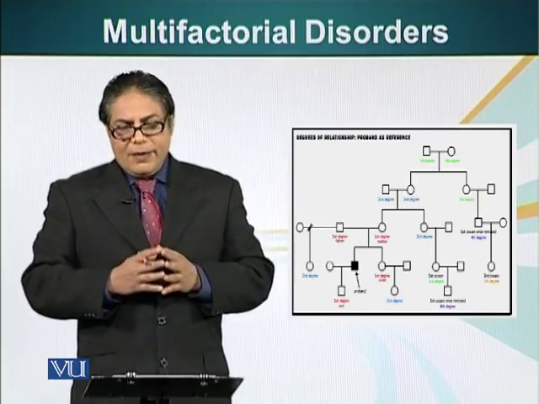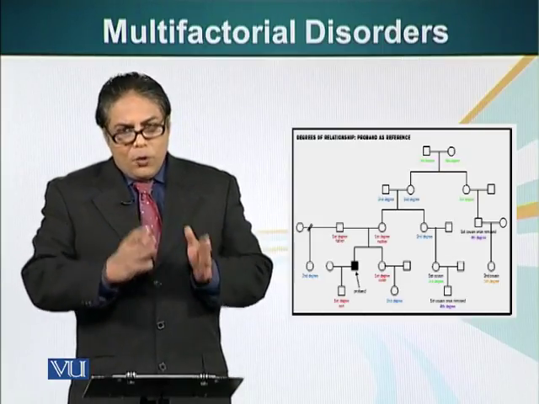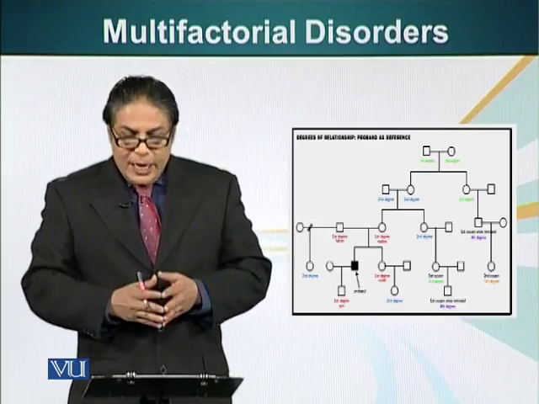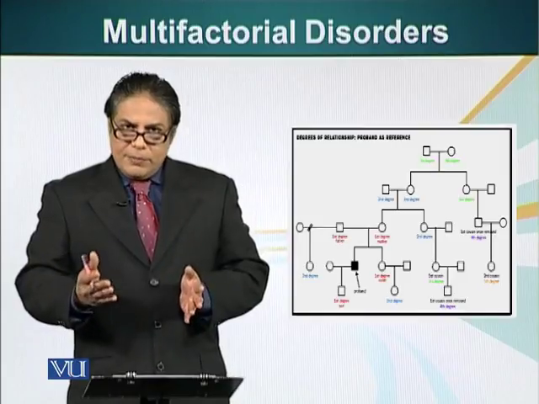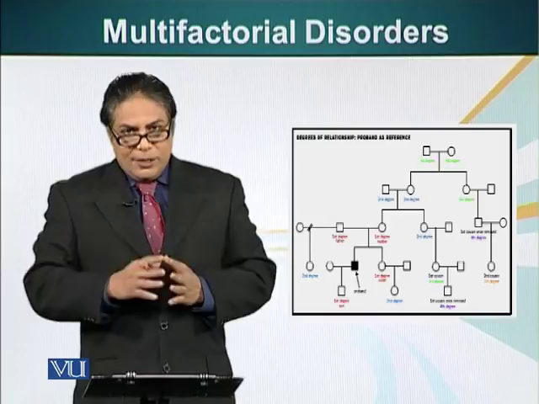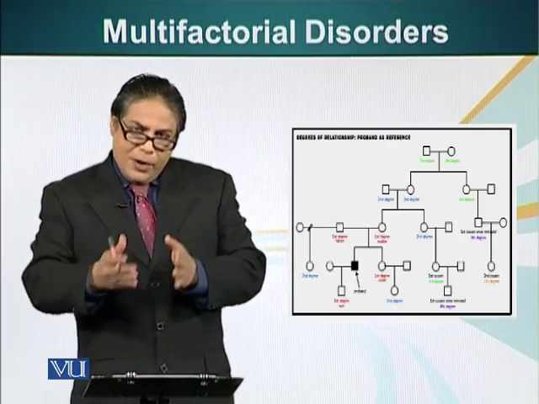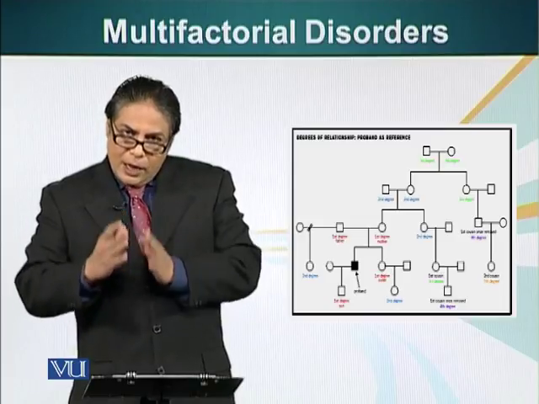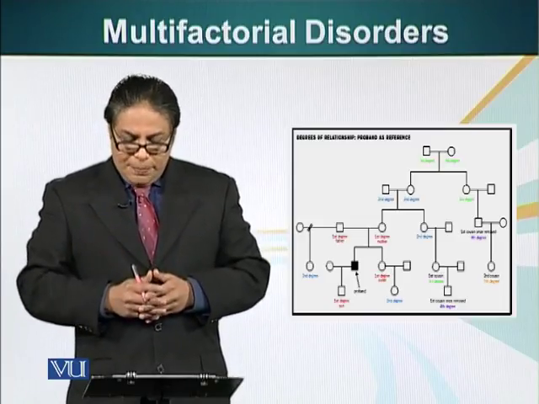The second degree relatives, of course, are the ones with whom we share 25% of our genes. That category would include our grandparents, our aunts and uncles, our blood aunt and uncle. So not an aunt or uncle by virtue of marriage, but an aunt and uncle by virtue of blood relationship.